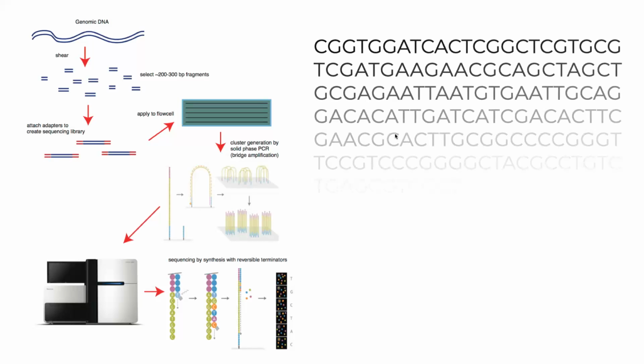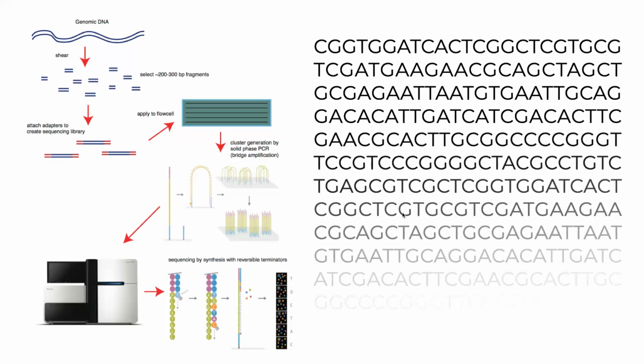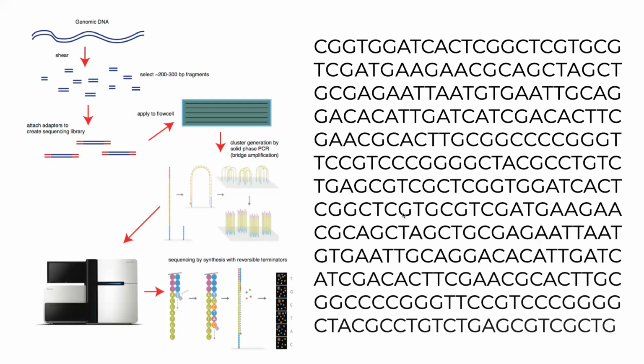But as a result, what the sequencer does is it looks at different colors that become visible after an enzymatic reaction, and the imaging allows us to identify with different levels of quality what is the output in those 4 different nucleotide options. So as a result, we have this sequence for each one of the reads.